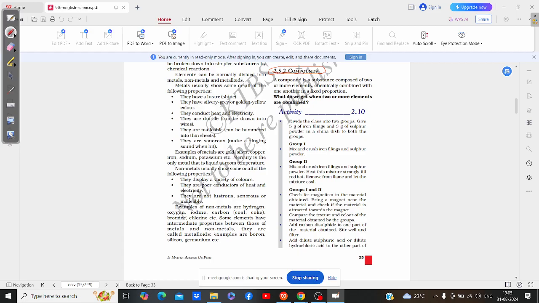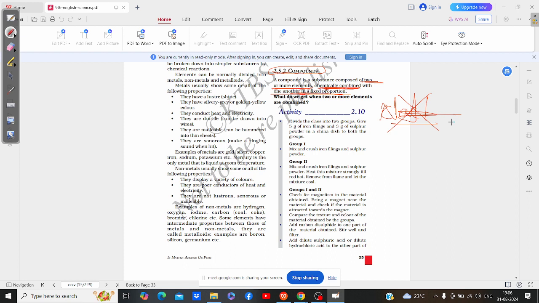But compounds are composed of two or more elements chemically combined with one another in a fixed proportion. NaCl, sodium chloride, is also one of the compounds. So that is what is meant by compound.